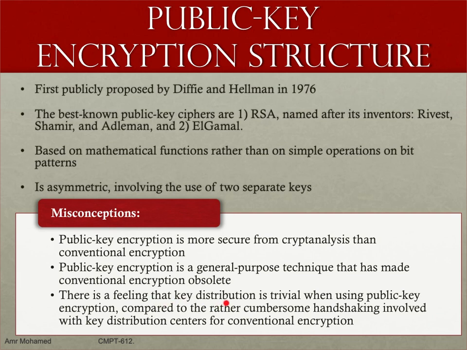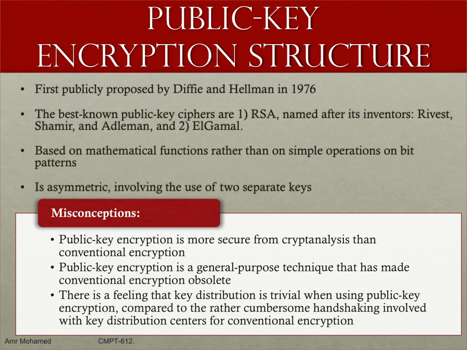Another misconception is that there is a feeling that key distribution is trivial. What they say is that public encryption is more important than symmetric encryption because key distribution is very trivial for public key cryptography, since the public key I can expose and send to everybody. No, it's not trivial.